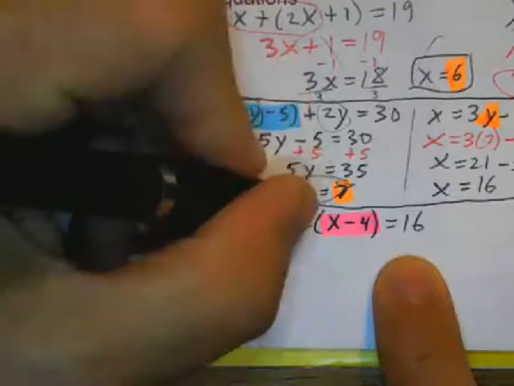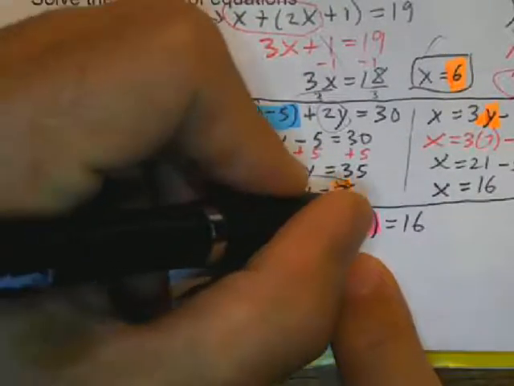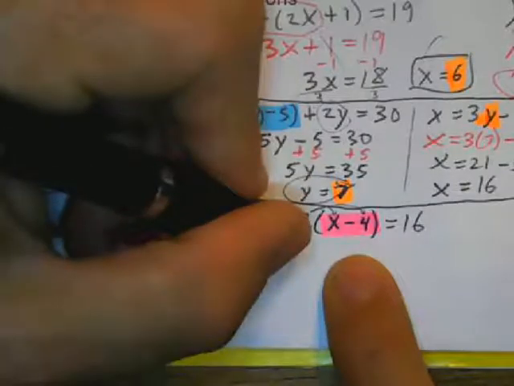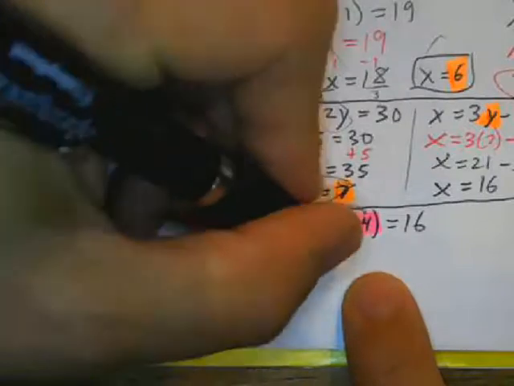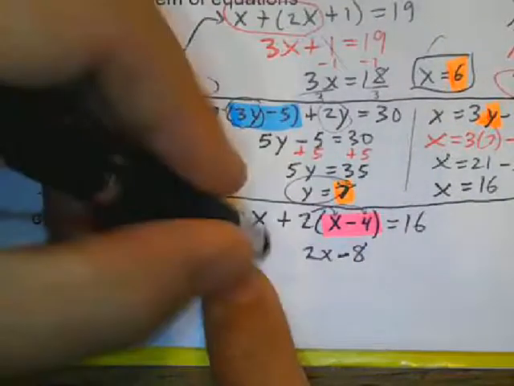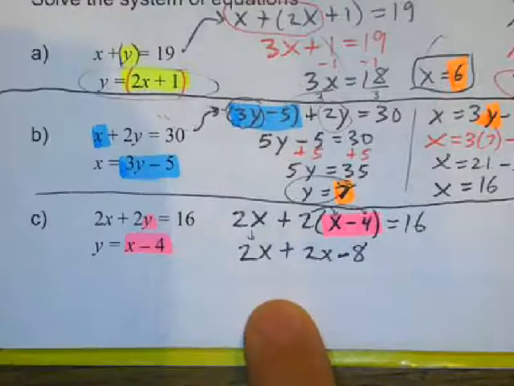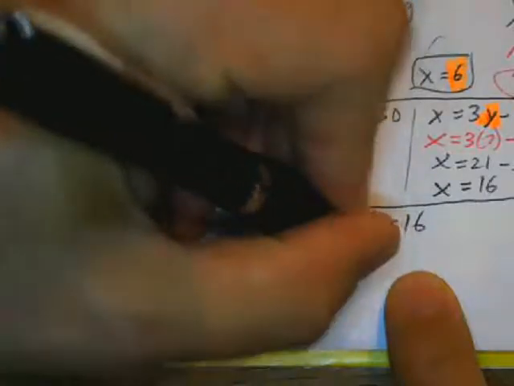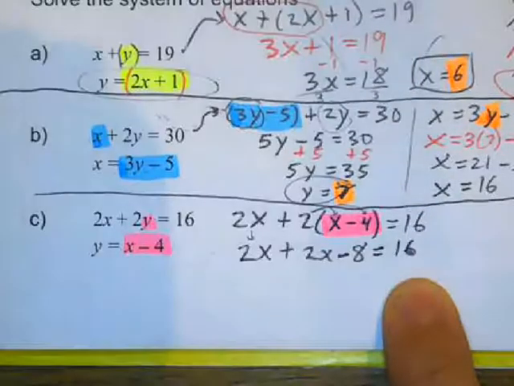So if I multiply 2 times x and 2 times negative 4, we end up with 2x, and 2 times negative 4 is going to give me negative 8. And we still have this 2x from here, and then this plus 2, and we still have this equals 16. You might want to hit pause and think about this.